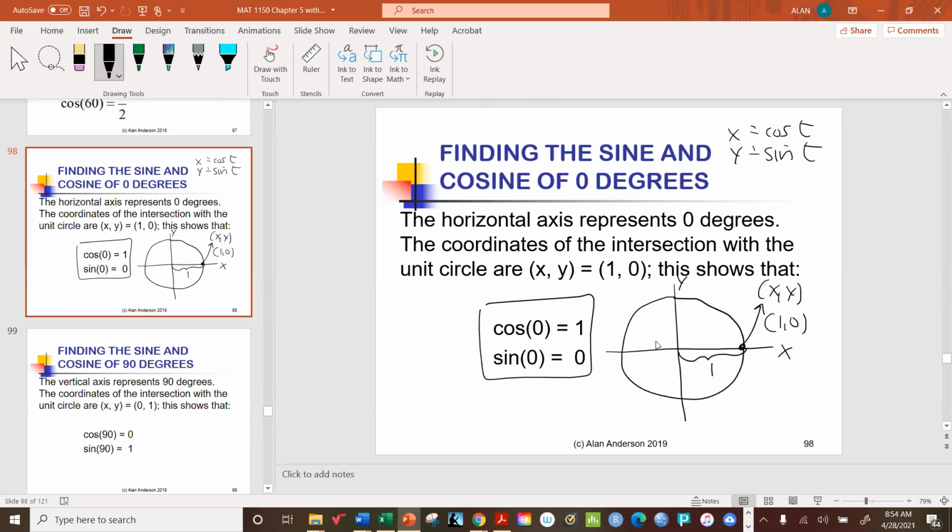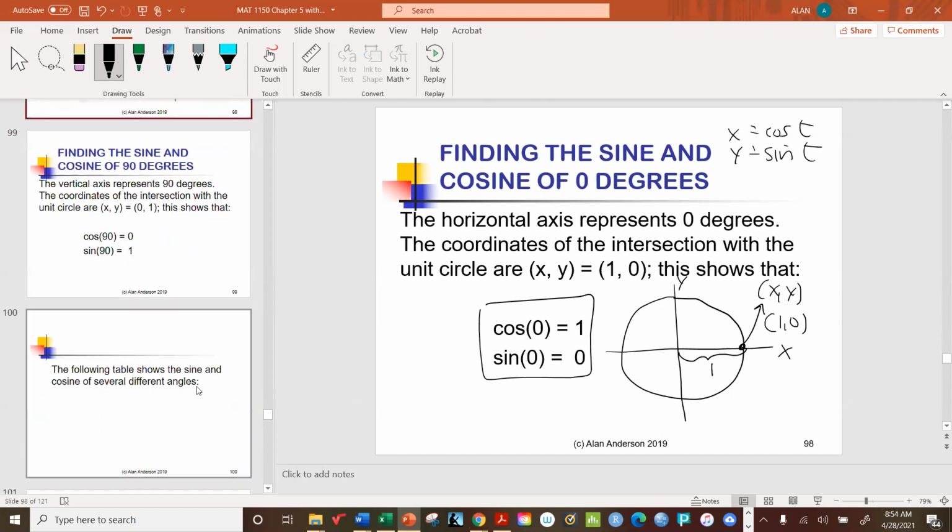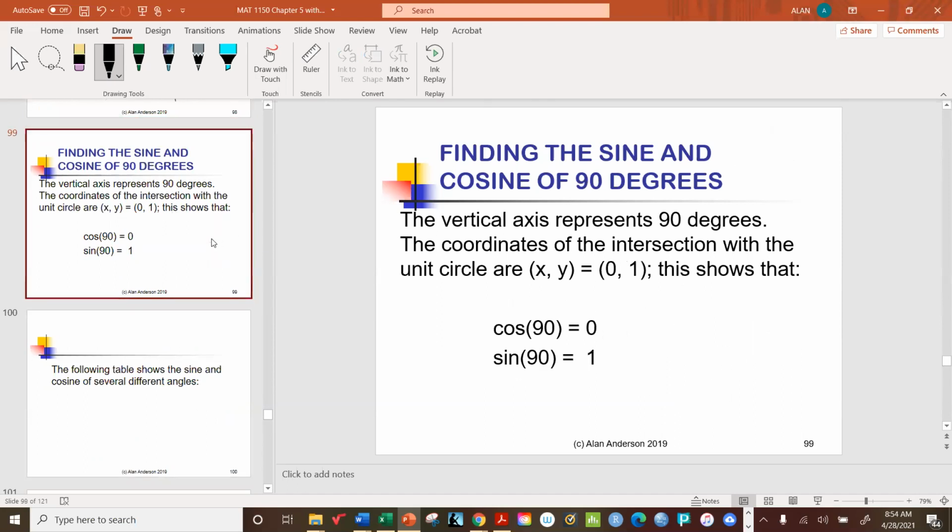Now, what about 90 degrees? 90 degrees just means you're on the y-axis, okay? So this is what 0 degrees means, being right on the horizontal axis, whereas 90 degrees means that we're on the vertical axis. All right, so for example, right here, this is 90 degrees.